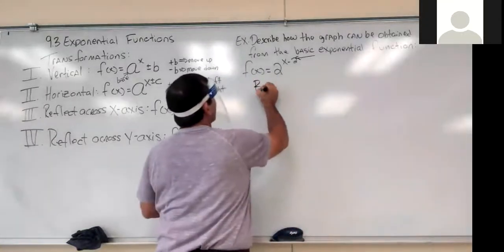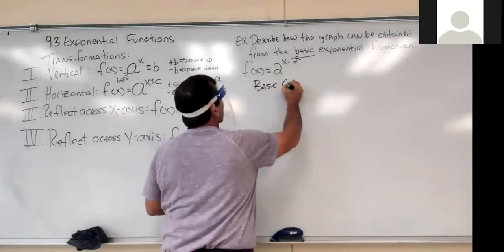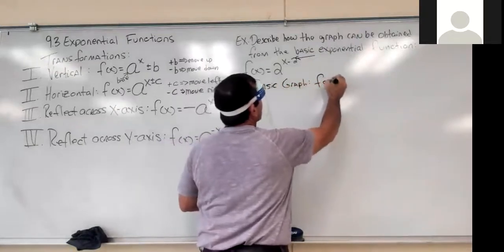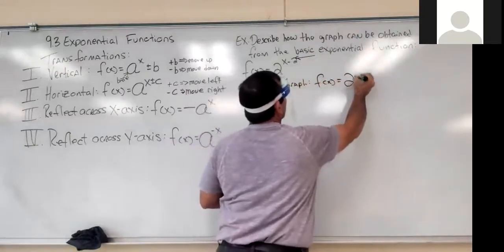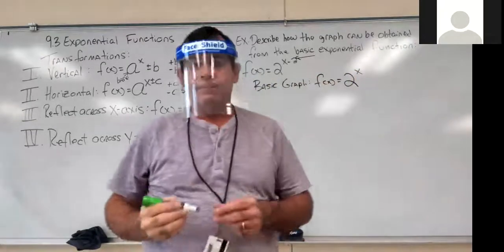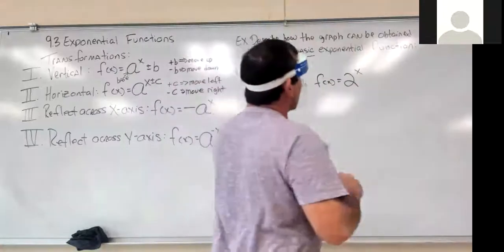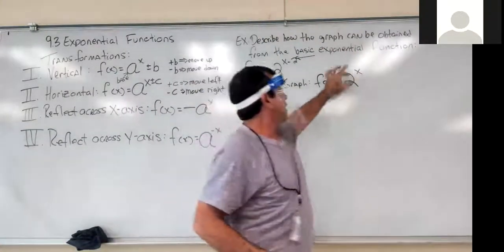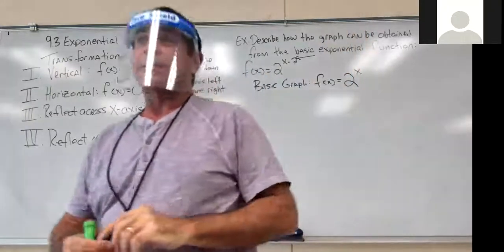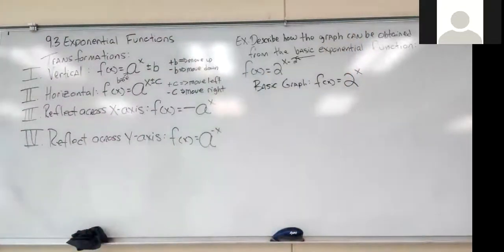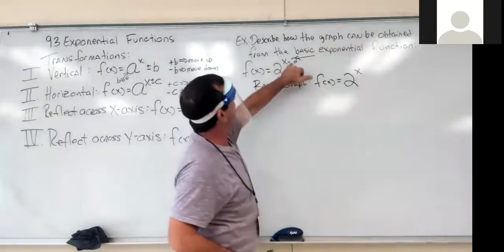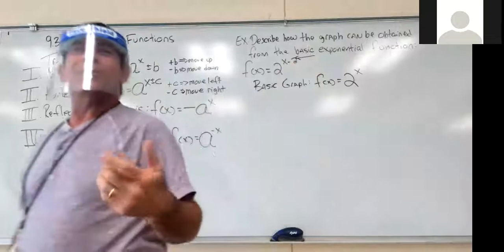So my basic graph is going to be f of x equals 2 to the x. I think in MATLAB they put the x, so all you have to do is put that 2 in there, because it'll have a little x off to the side for you. So the basic graph was 2 to the x. What is subtracting that 2 doing to my graph?